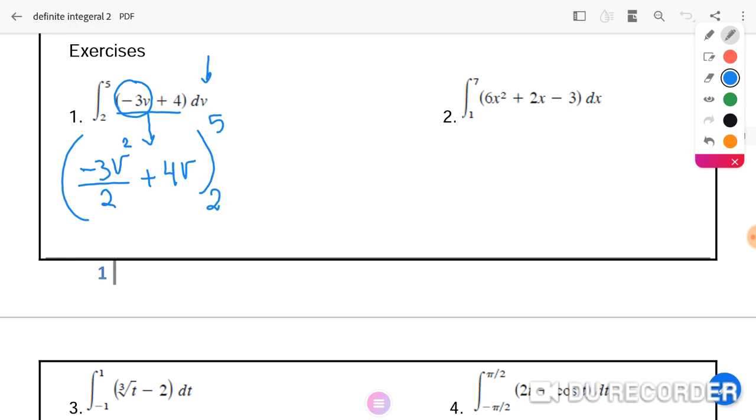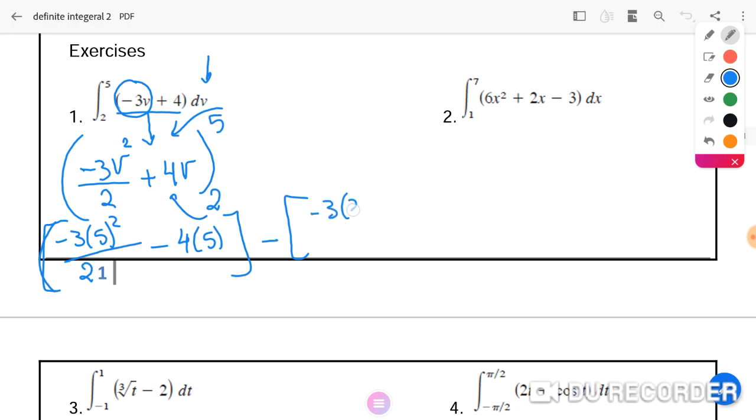I have to replace by the upper limit minus replacing by the lower limit. It will be what? Negative 3 multiplied by 5 to the power 2 over 2. I think all of us became old enough to know how to substitute. Plus 4 multiplied by 5, okay, that is the first value, minus the value of the antiderivative at the lower limit.